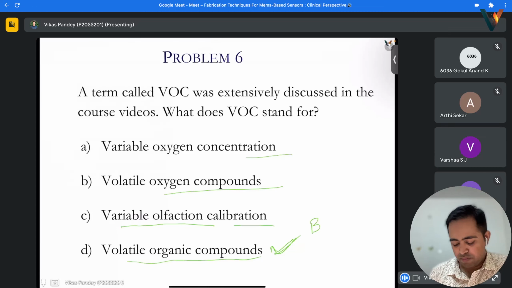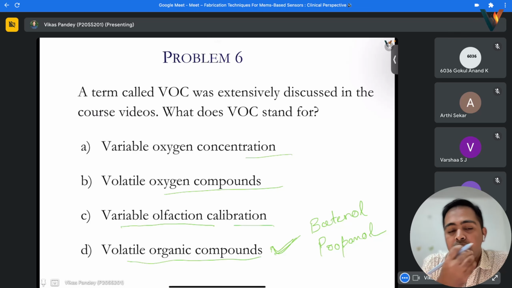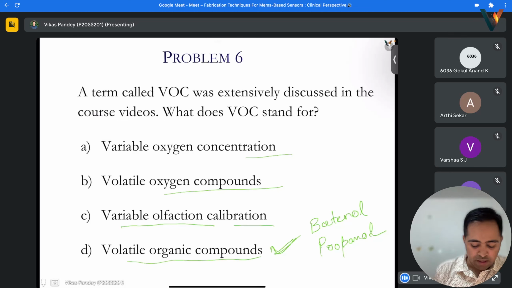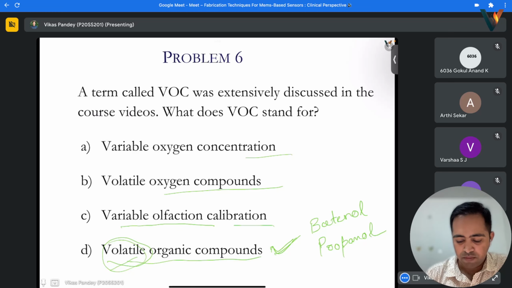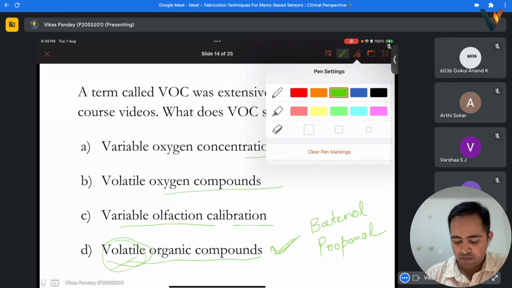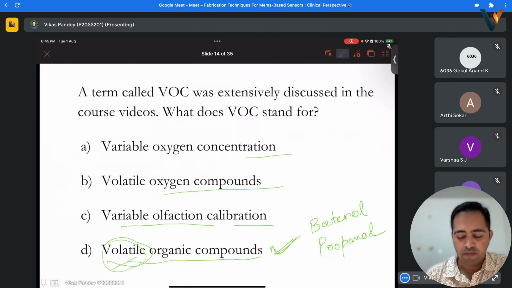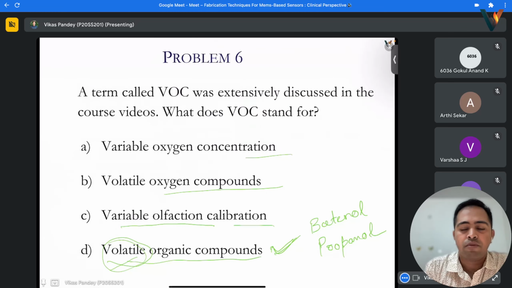Yes, butanol, propanol, and what is the meaning of volatile? Anyone? What's the meaning of volatile?